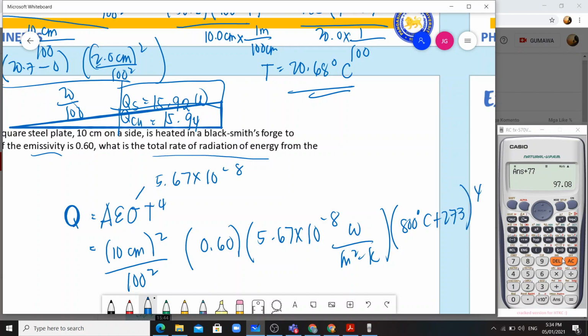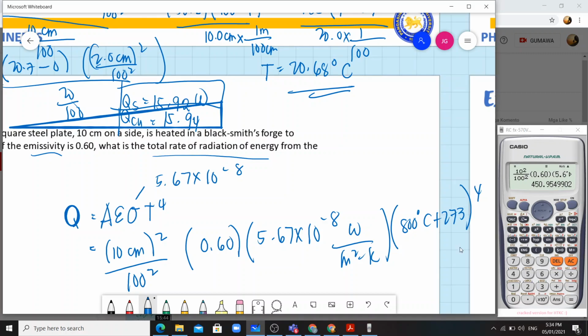So, ang Q natin is 10 squared over 100 squared times 0.60 times 5.67 exponent negative 8 times 800 plus 273 raised to 4.